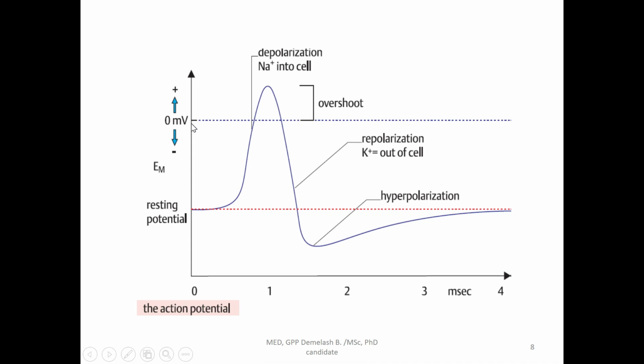When the negativity is exceeded to the positive side, the overshoot occurs. Then the repolarization phase, when potassium exits the cell, and the hyperpolarization phase occurs due to high efflux of potassium, going below the resting membrane potential.